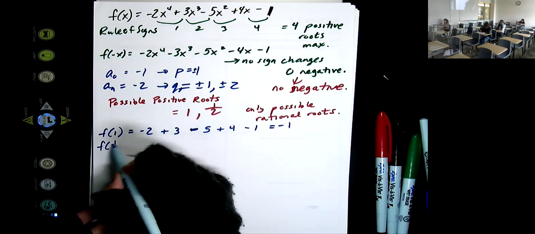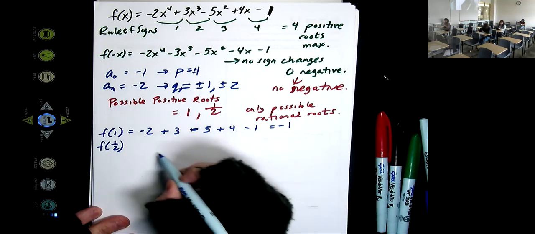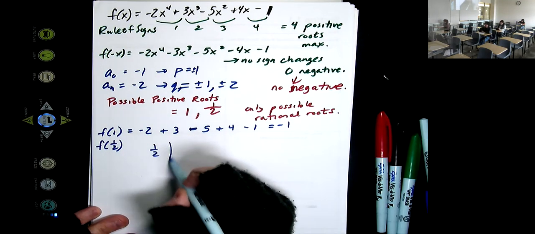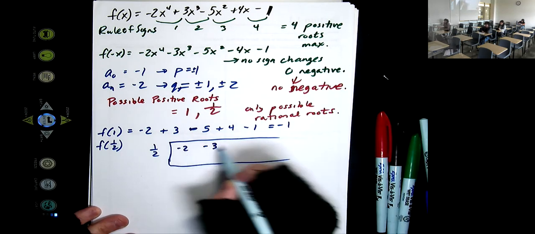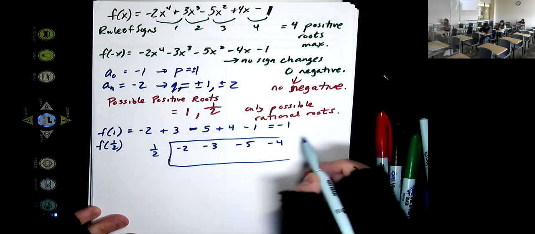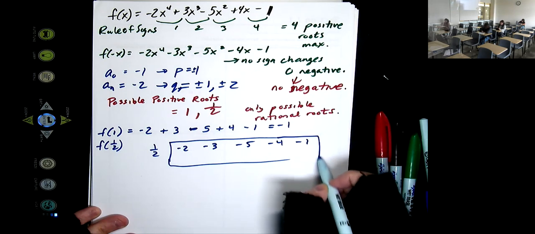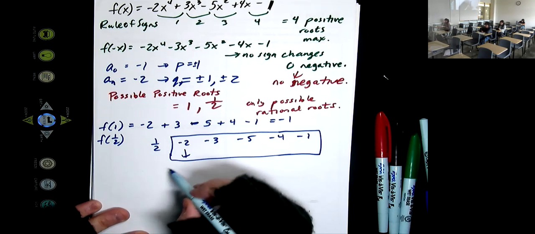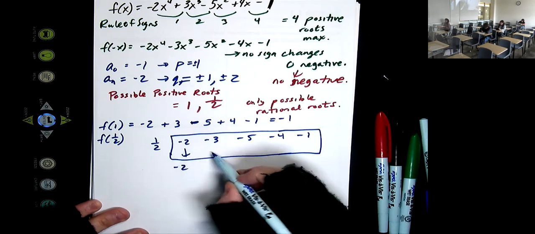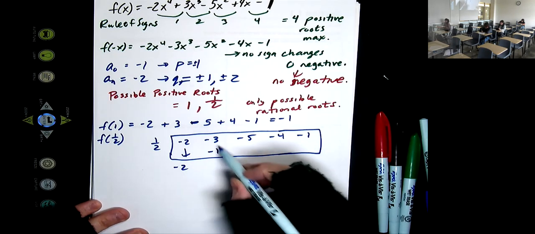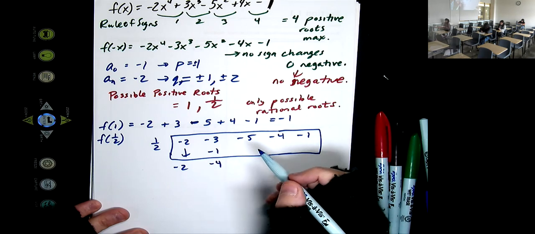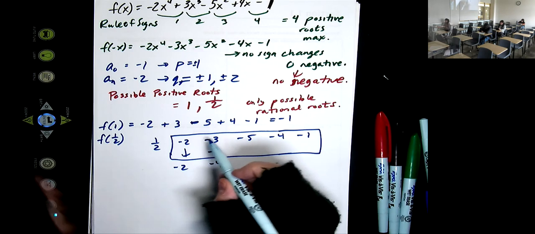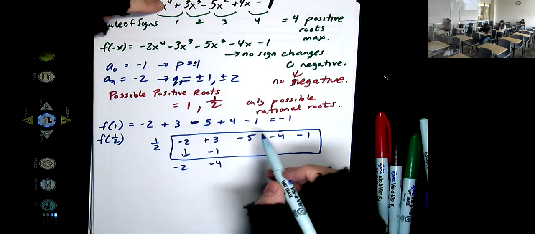F of 1/2. 1/2 times -2 is -1. It's -4. Wait, I'm not writing down the right signs here.